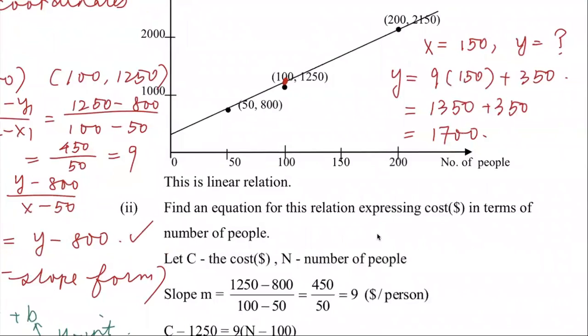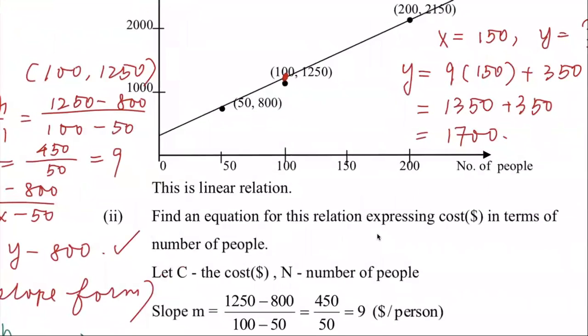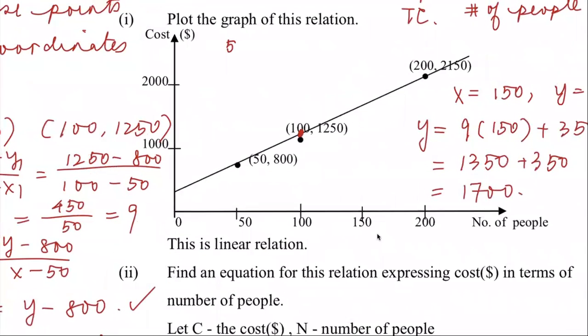So let's look at this point, 50, $800. So if we invite 50 people, we need to pay $800, right? Now let's consider if we invite 51 people, how much money do we need to pay in total? So if x is equal to 51, what is y? We know y is equal to 9 times 51 plus 350.